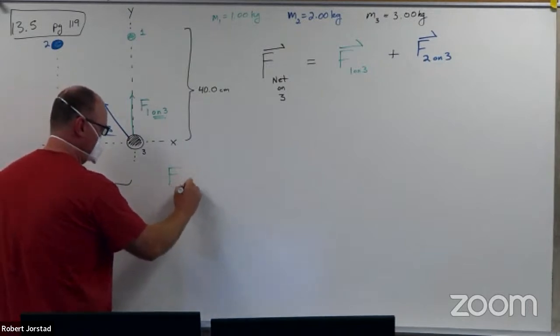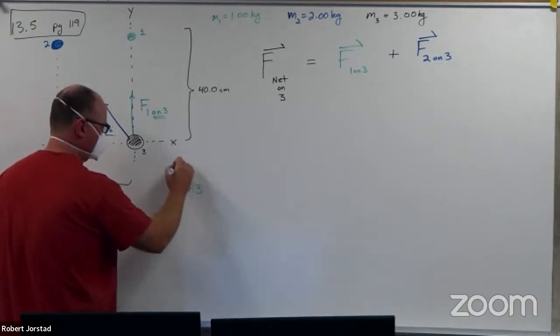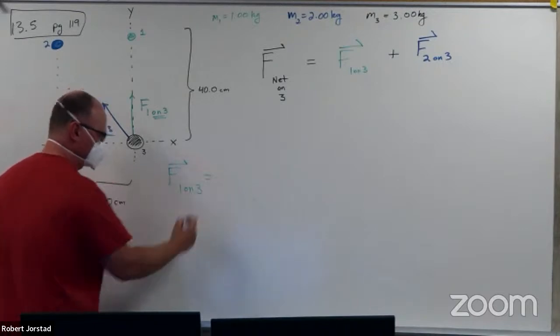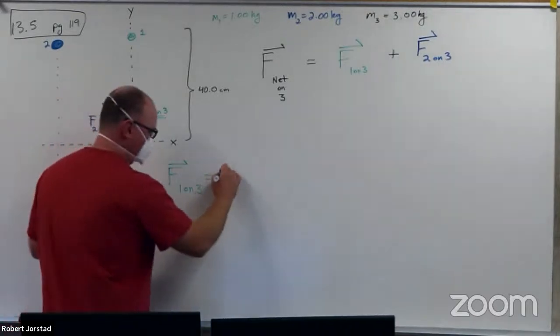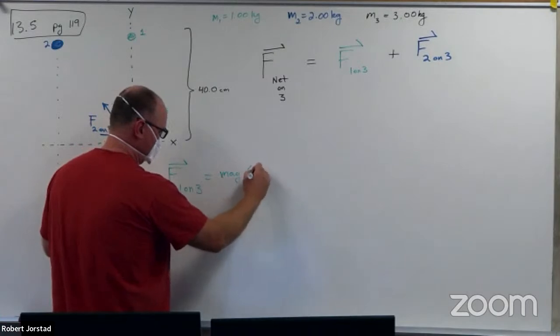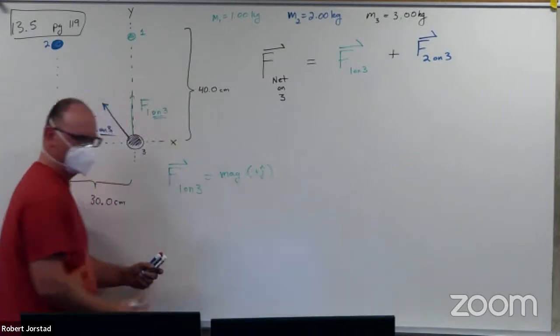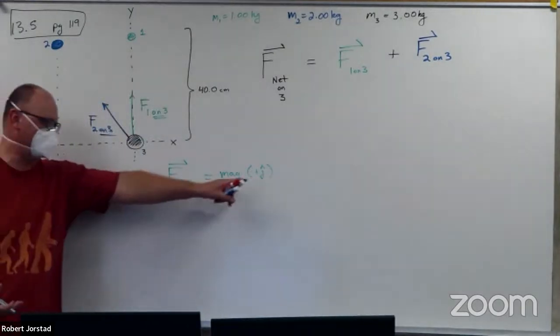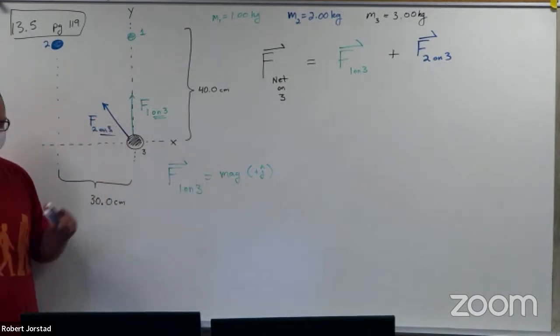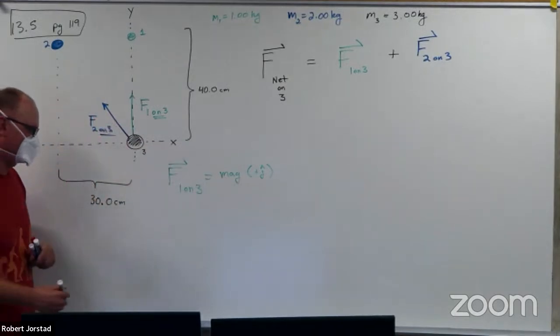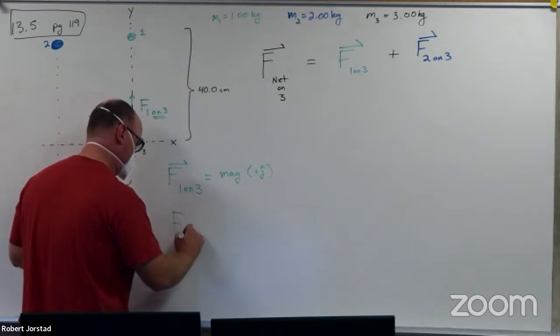Force 1 on 3 is the easiest way to do this one: magnitude in the positive j hat. Do you agree? We know it's in the positive j hat by looking at it. The other one isn't so simple, but this one should be.